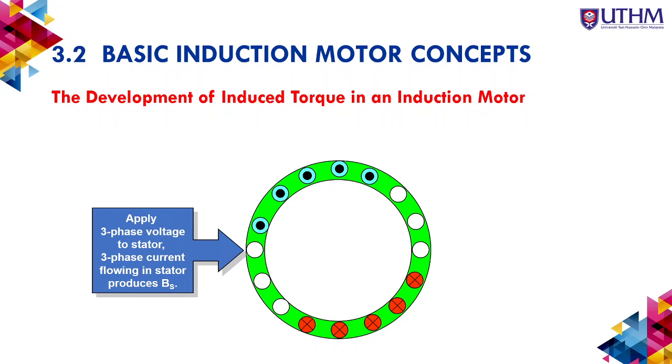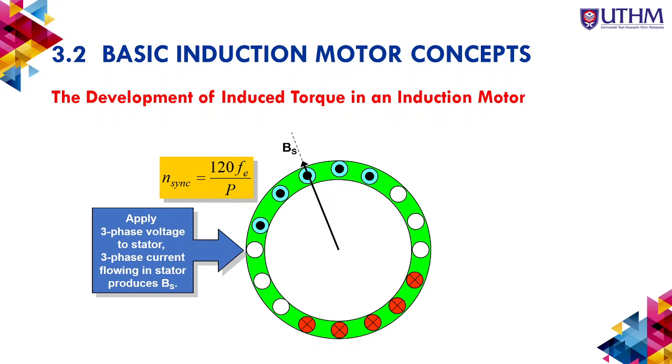So imagine you apply a 3-phase voltage to the stator, and then a 3-phase current flows in the stator and produces the B, as I mentioned before. Okay. So imagine this is the direction of the magnetic field of the stator. Okay, and the magnetic field is moving with the speed of n-sync, they call it n-synchronized.